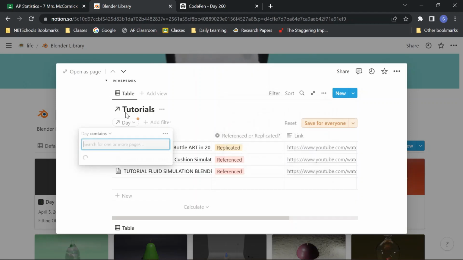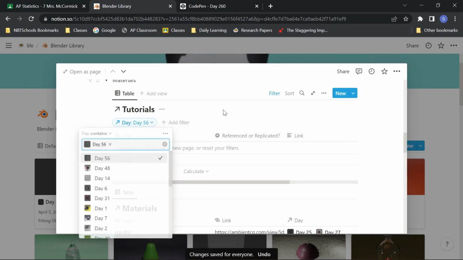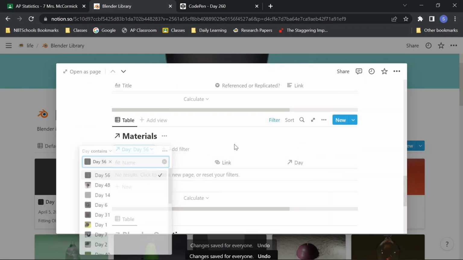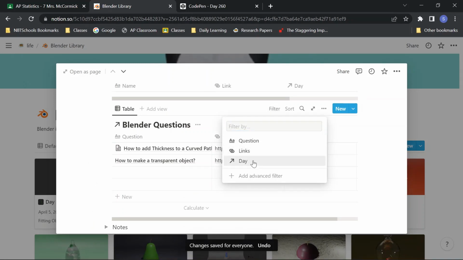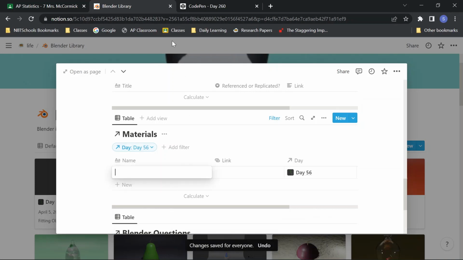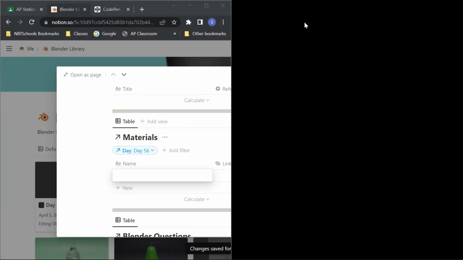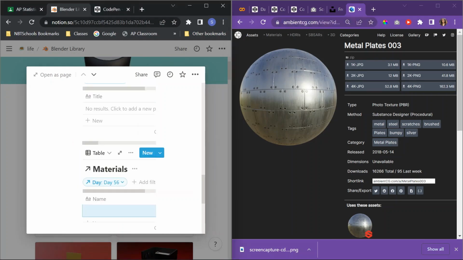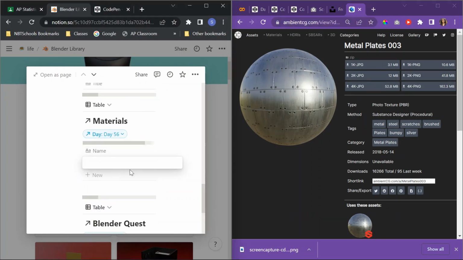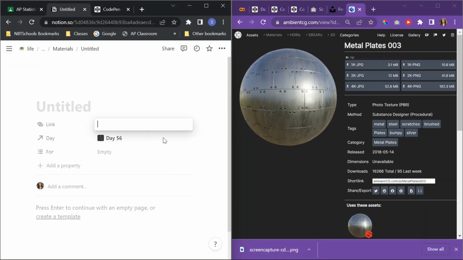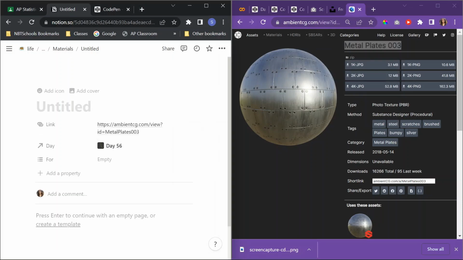Filter. Day. Today. Save. Material we used, I have it somewhere. We added a material. Wait, open it. Okay, the link is this. It's metal plates.